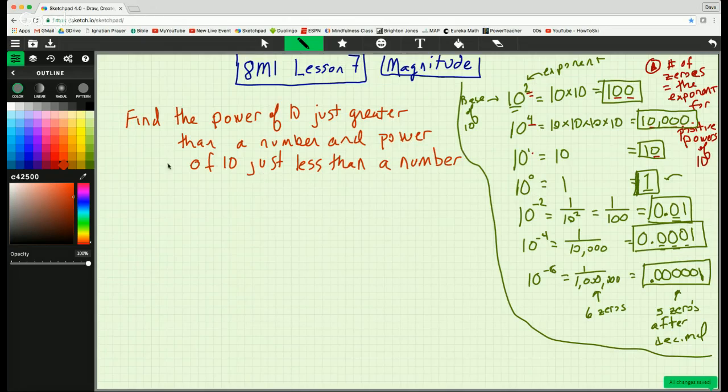There's a lot of problems in today's lesson like this, and the key is to think of it like the powers of 10 that just bracket a number.